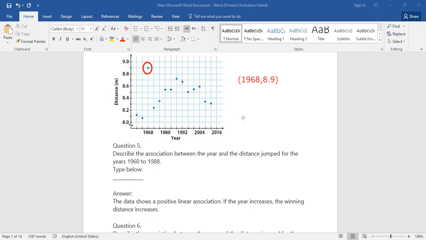Or not fitting with our data. Then in this question, yes, we have an outlier. It's in 1968, and what this means is that it exceeds other jumps made in surrounding years. Okay, one more question.